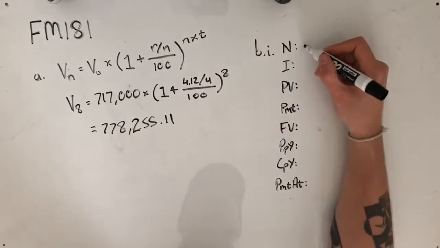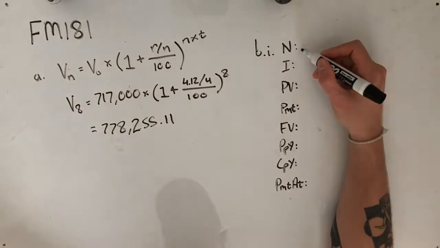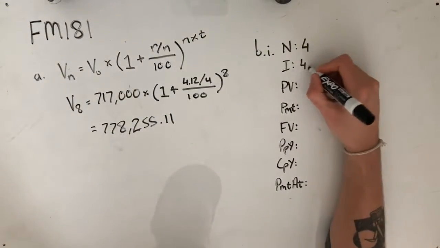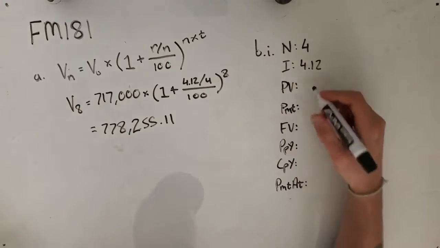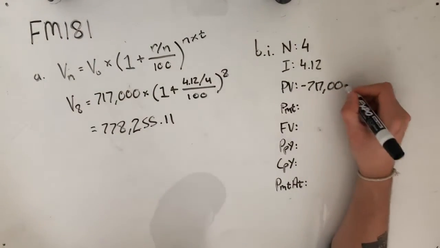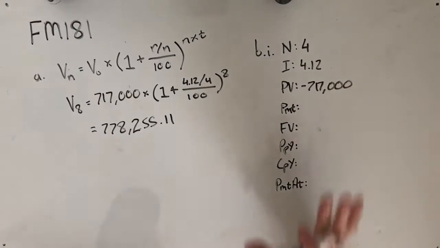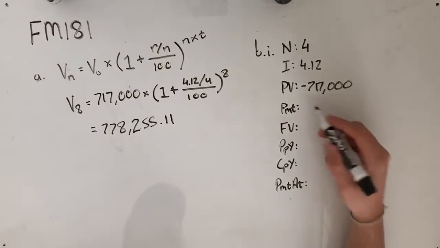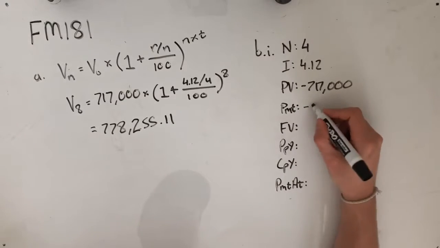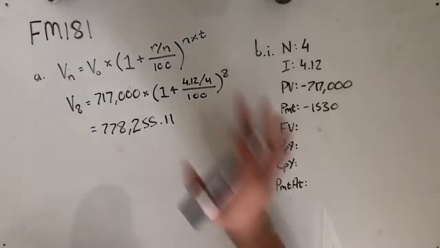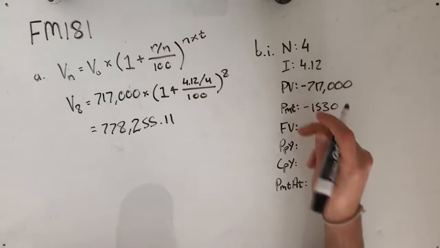excellent. So the number of payment periods that we're looking for up here, we're looking after 4 payments. Our interest rate is 4.12. Our present value is going to be negative 717,000 because he is investing it. So he's losing that $717,000 for now. His payments, once again, negative 1,530 because he'll be putting that 1,530 into the investment, so he no longer has it.